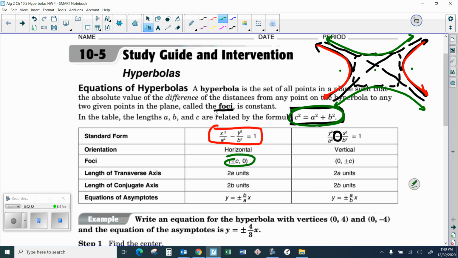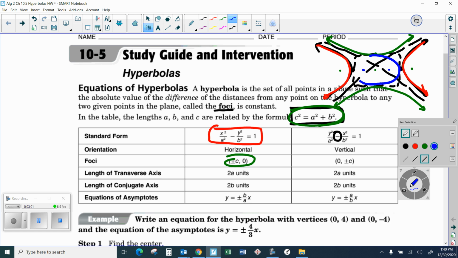Now, if you think about it, remember the foci in the ellipse are right inside the ellipse, right? So we'd have an ellipse that would look like this right here, and the foci were inside. And now it's c squared equals a squared minus b squared. We'll look at where these foci are a lot further out, right? So wouldn't it make sense that I'm going to add them to get a further distance away from the center? These two foci out here, these green ones, inside those branches are further away.